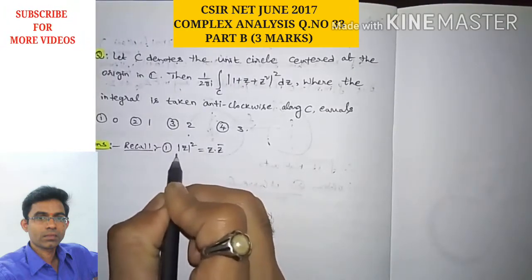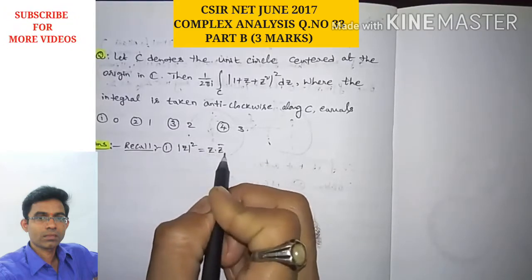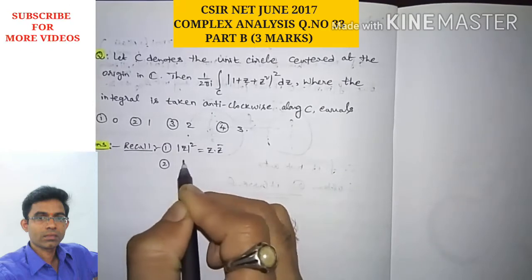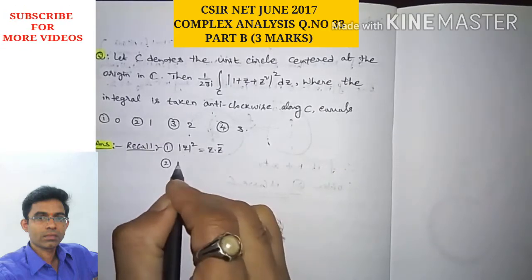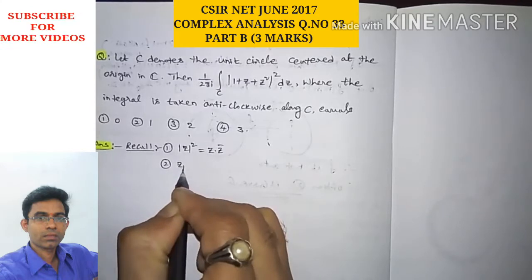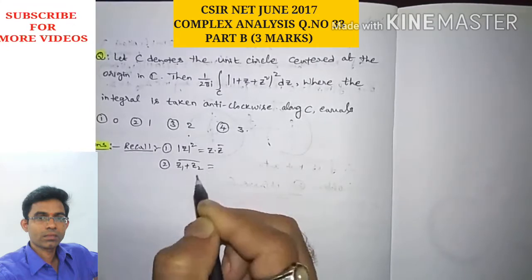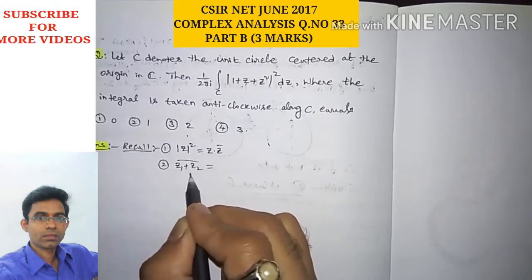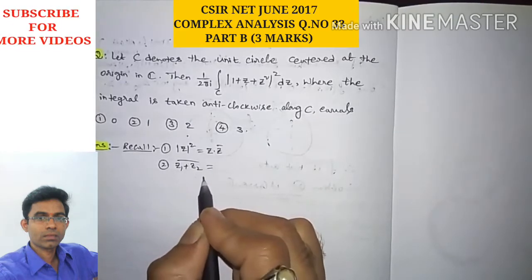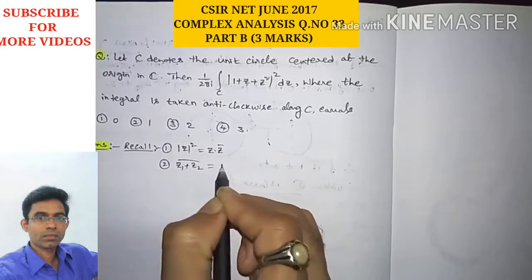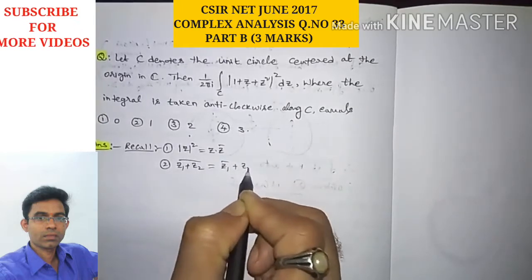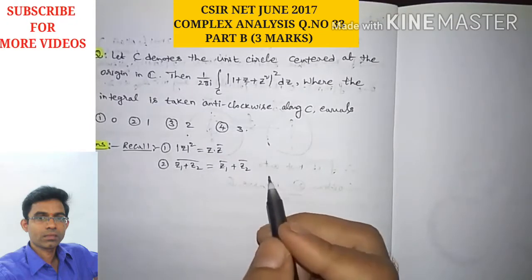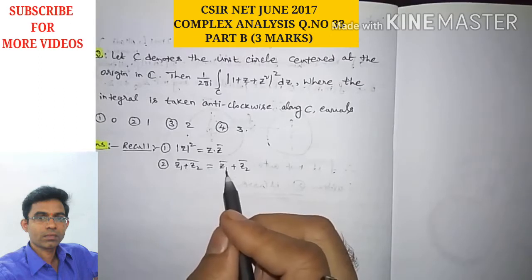The second is the addition property: if z1 and z2 are two complex numbers, then the conjugate of z1 plus z2 is z1 bar plus z2 bar. Is it clear? We will use these two properties.